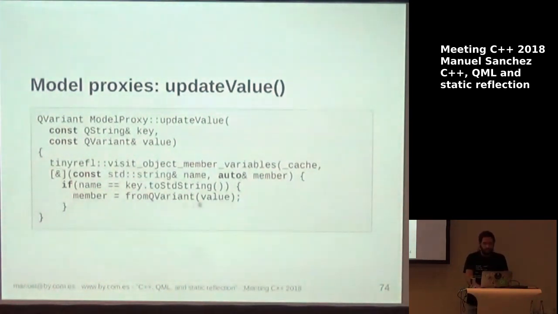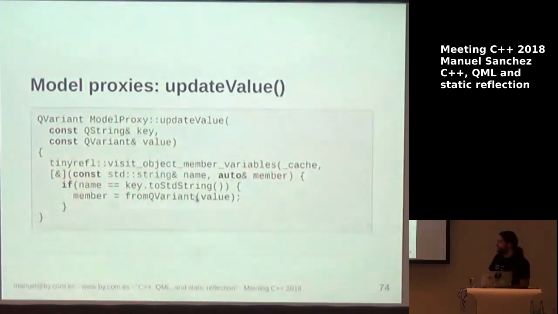But we can do a little trick, which is to find it by name. If you find the member, just assign it its value. The callback from Qt passes us a QVariant with the value, and we just convert the variant to the type of the member. There is actually a typo here. This should be a template argument with the type of the member.